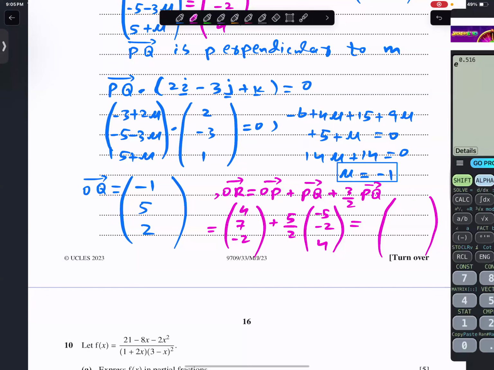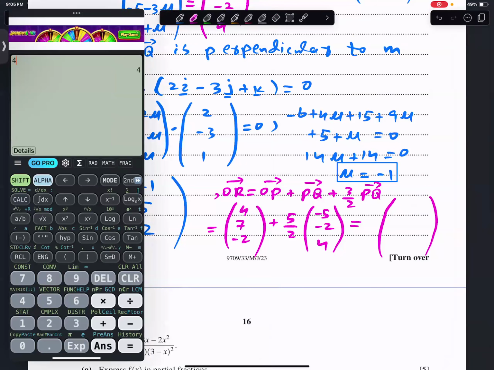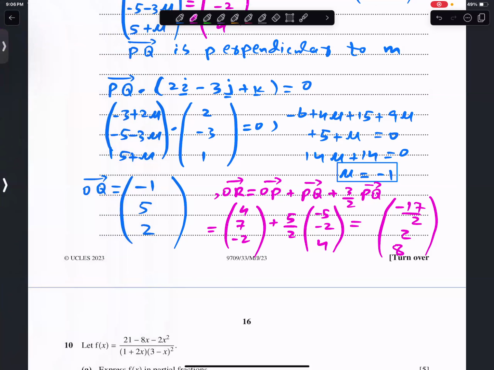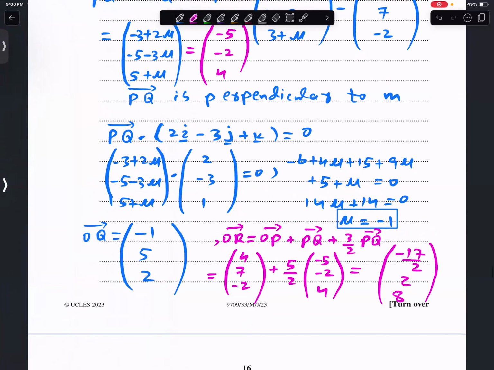Let me do it: 4 minus 25 divided by 2. This will be minus 17 over 2. And then 7 minus 5 will be 2. And then minus 2 plus 20 over 2, so this will be 8. So this is my required position vector of OR. This is a very, very interesting and difficult question, by the way.